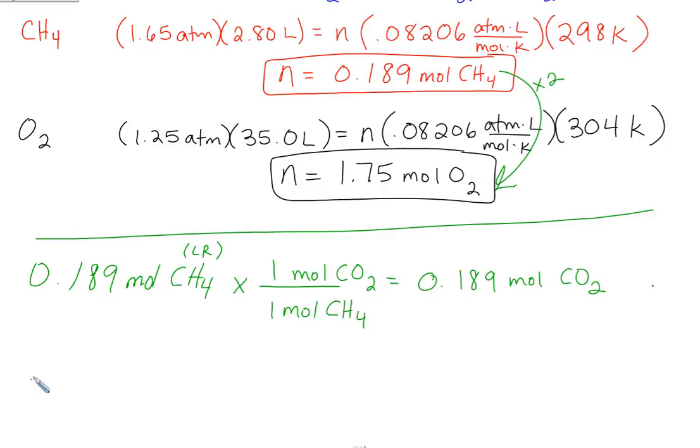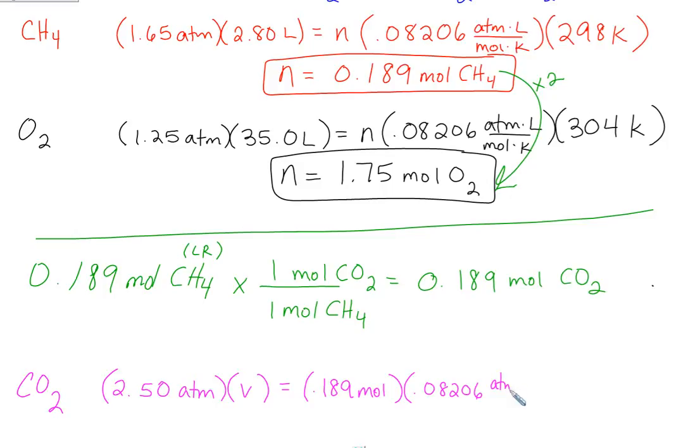This is going to be for the carbon dioxide. We have to use PV = nRT again. The final pressure is 2.5 atmospheres. We're looking for the volume of gas, but now we know moles. So it was 0.189 moles of CO2. We can use the same R value, 0.08206 atmosphere liter per mole Kelvin.